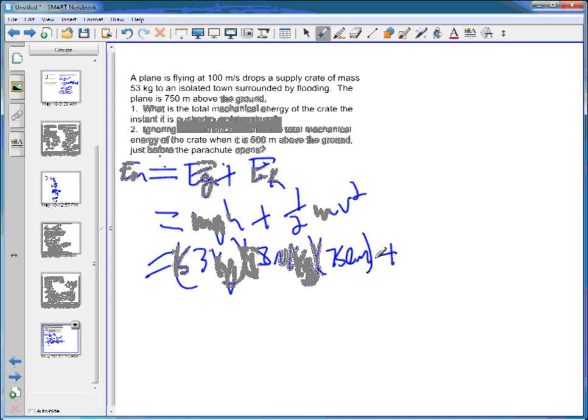Square that. By the way, we'll just say that this is, draw a little line above that 0, 2 significant figures.